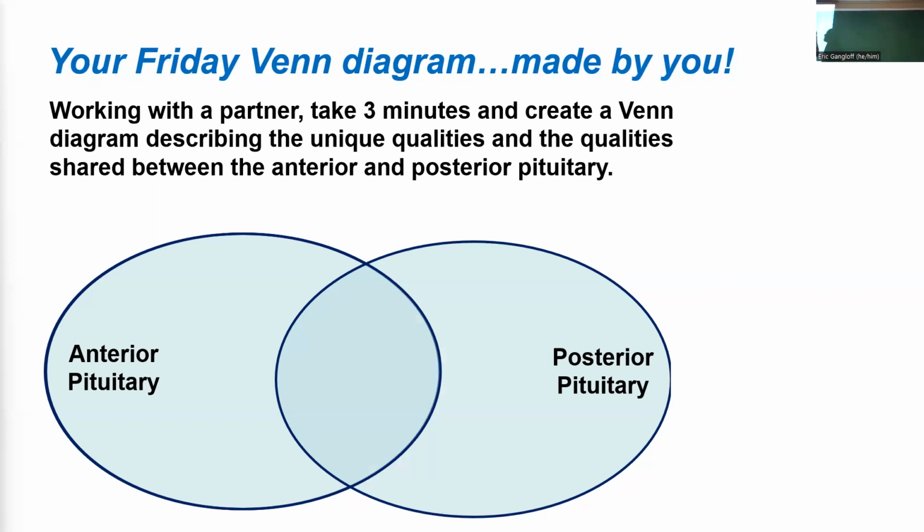However, a very, very important difference is that the posterior pituitary does not make hormones. Those hormones are delivered to the posterior pituitary via the axons of neurons that have their cell bodies in what tissue? Where do those hormones that are stored in the posterior pituitary come from?